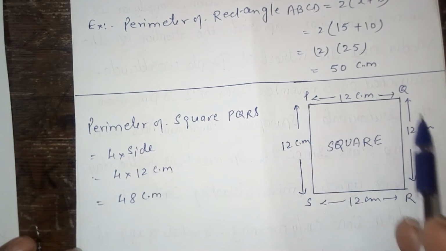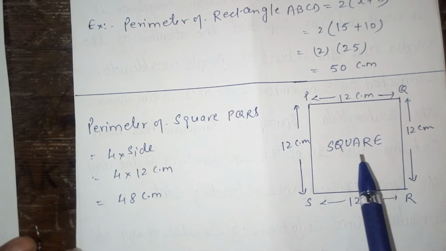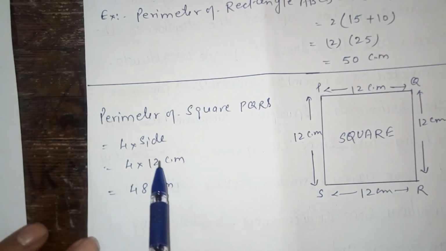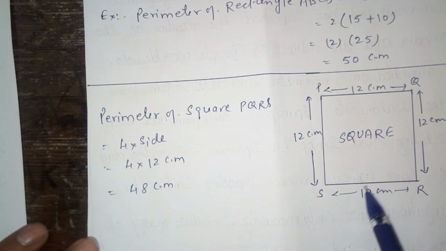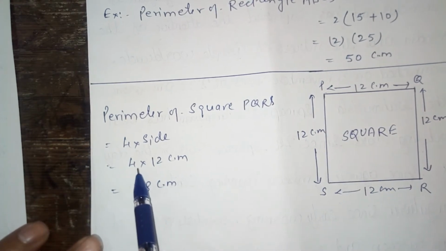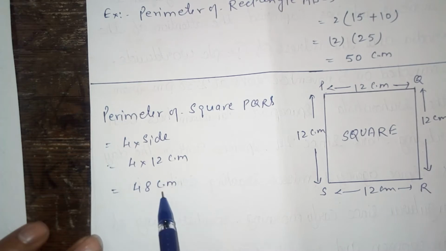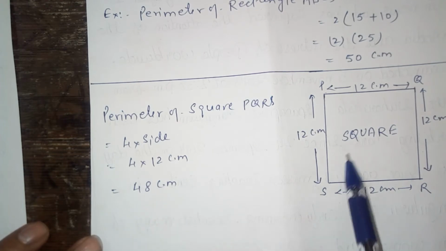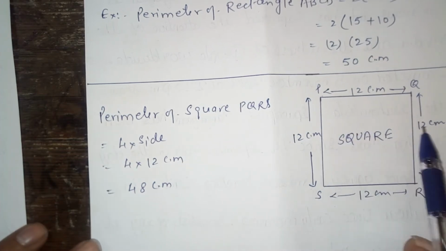In a square all sides are equal. In this square side is 12 centimeter. So 4 into 12 will give you 48 centimeter. 48 centimeter is the perimeter of the given square.